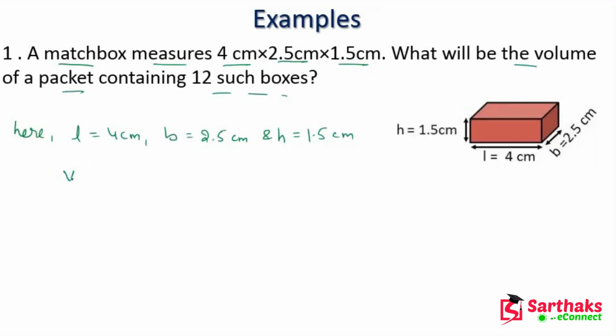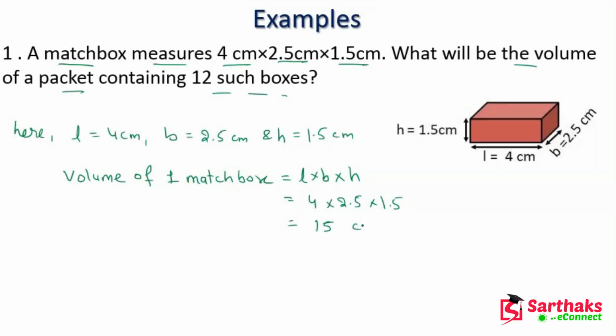The volume of one matchbox, we know, is L into B into H. So 4 into 2.5 into 1.5. After solving this, we get 15 centimeter cube. The unit is cubic.